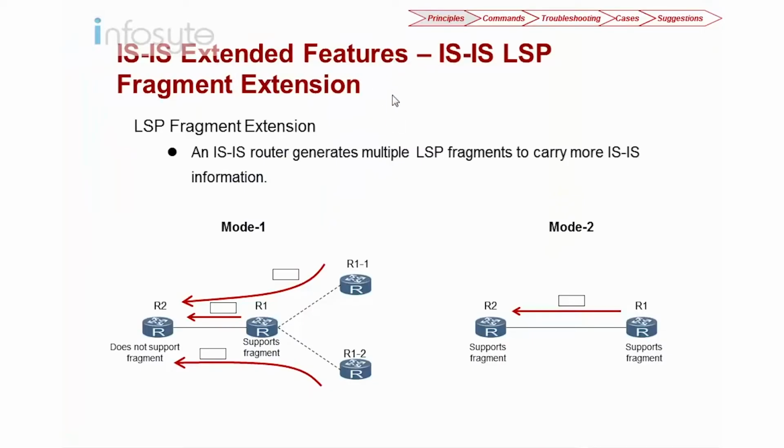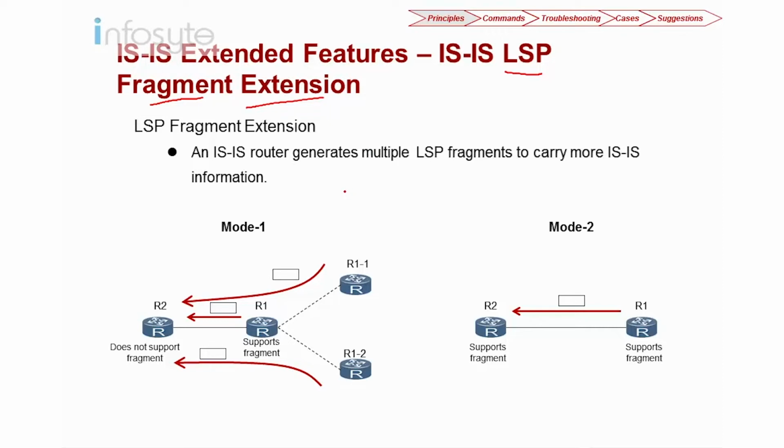ISIS carries the route using LSP. So what will happen if the number of routes that need to be carried exceeds the capability of the LSP? This slide explains how you can extend the LSP capability by using a feature called fragment extension.